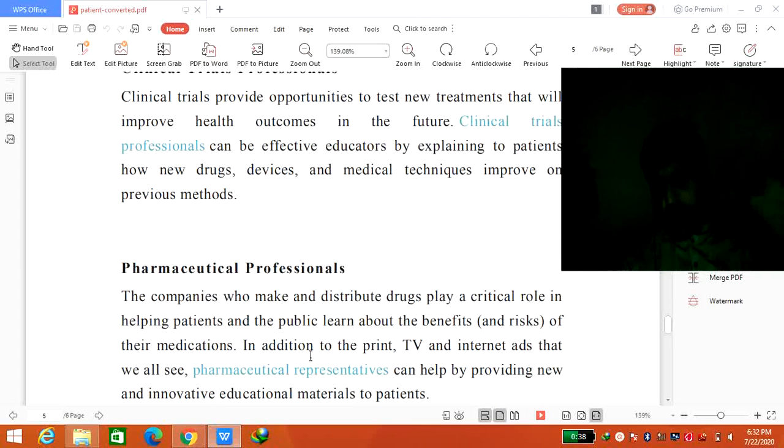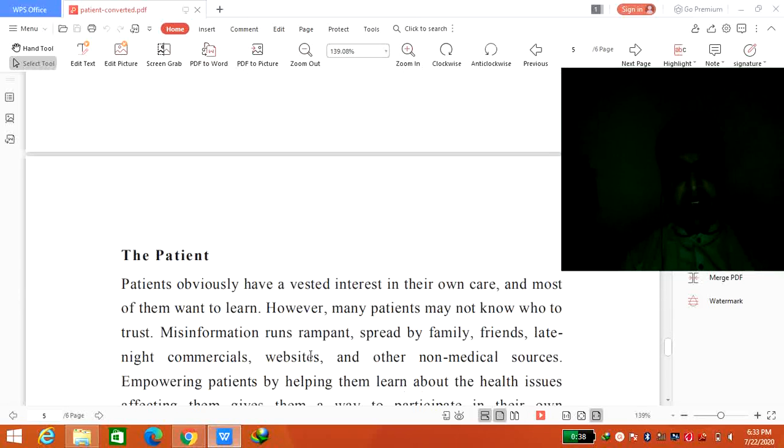And pharmaceutical professionals: new drugs come to the market, so a pharmaceutical representative should share the latest information regarding any drugs with the patients in order to develop the patient's interest.